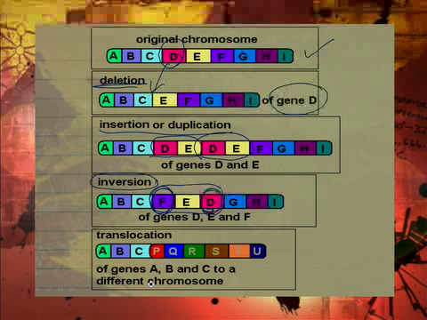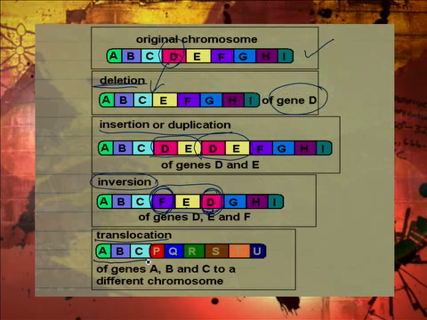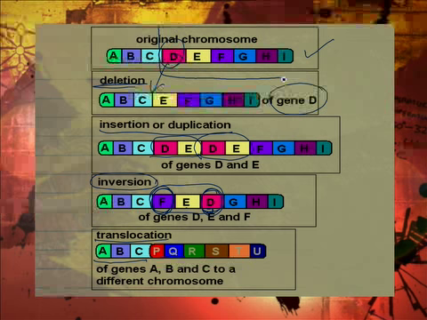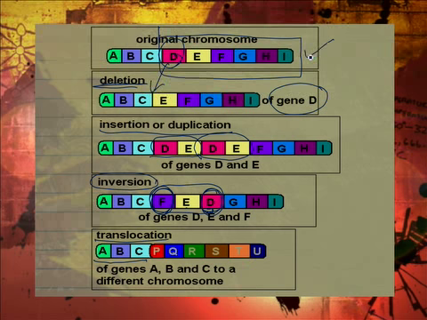Another kind, and it's actually quite a common kind of chromosome mutation, is something called translocation. The genes A, B, and C are there, but it's lost the rest of the chromosome, and instead of D, E, F, G, H, and I, it's somehow acquired P, Q, R, S, T, and U from a completely different chromosome.